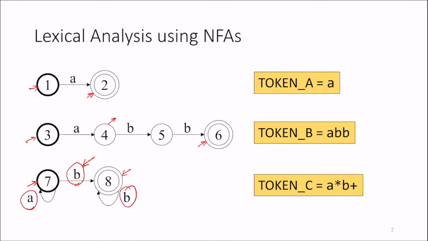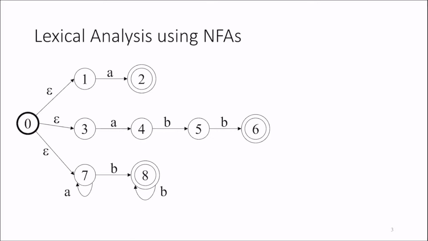So let's say we have these 3 tokens and we want to build a lexical analyzer. We've already taken the regular expressions, right? And using the Thompson construction, we have converted them into these 3 NFAs for those regular expressions. Now we want to recognize any strings in either token A, B, or C. So just create a new start state and link them up in the usual way using empty string transitions to the start states of each of the original ones.